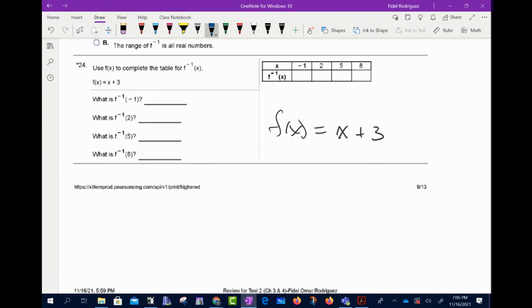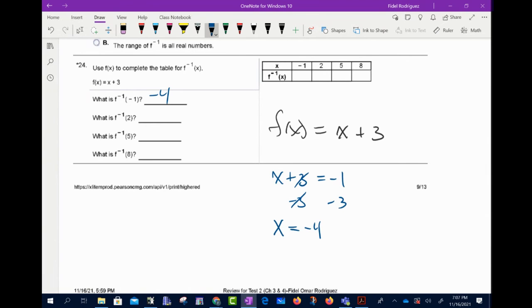Remember, this is the x in the inverse, so in the original function it really would have been the y value, right? So I'm going to take this x plus 3 and set it equal to -1. When I subtract 3 on both sides, -1 minus 3, I end up with a -4. So right here, that answer would be a -4.